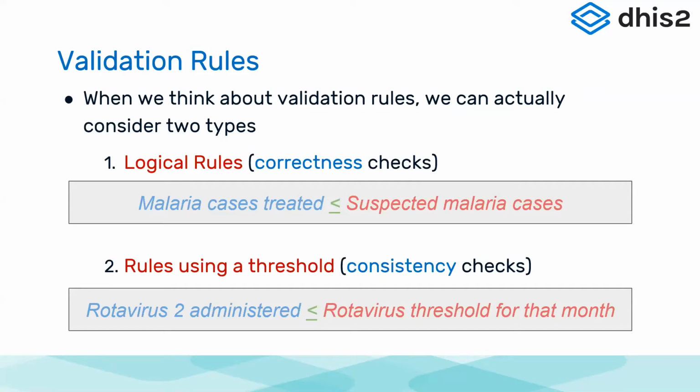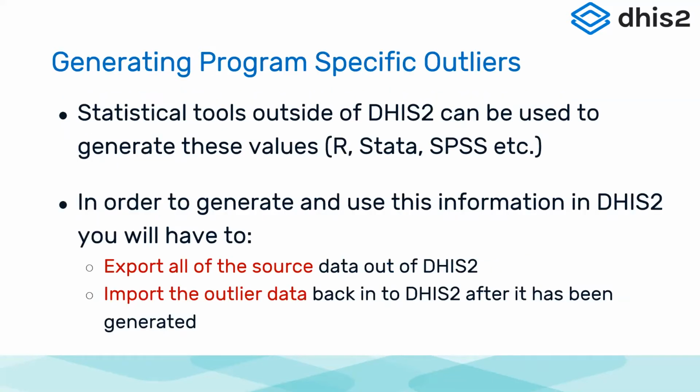The question is how to generate this threshold value, for example the rotavirus threshold for that month. How to calculate this threshold? You have two options actually. One option is that there are enough statistical tools, third-party tools, maybe R, Stata, or SPSS. You can use those tools to generate your value.